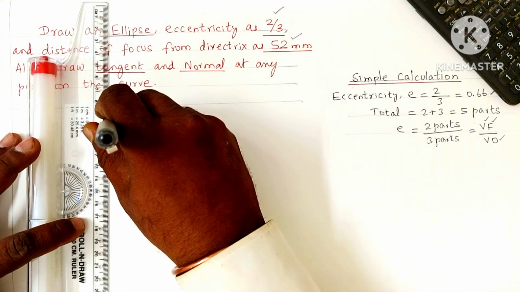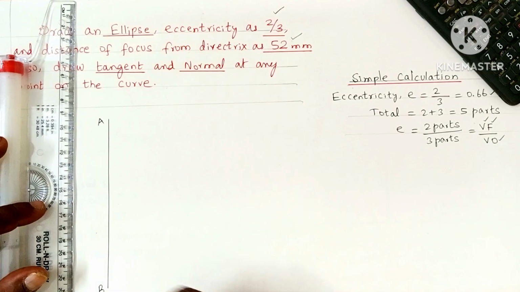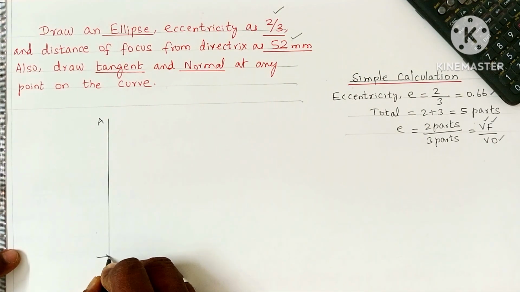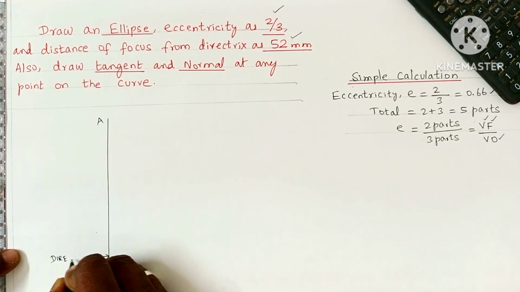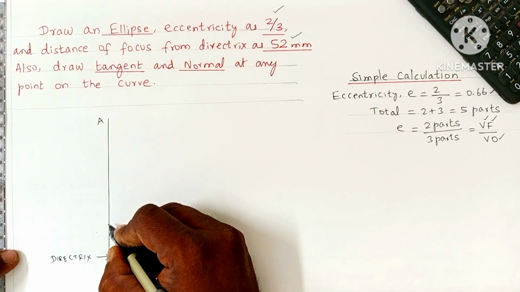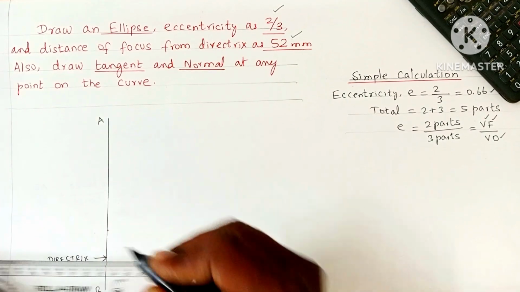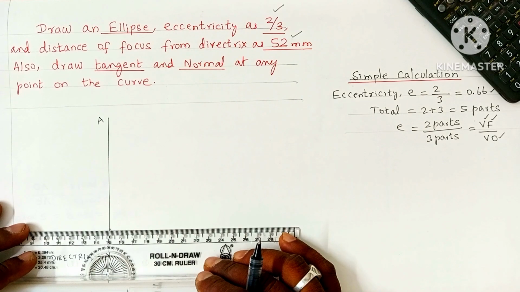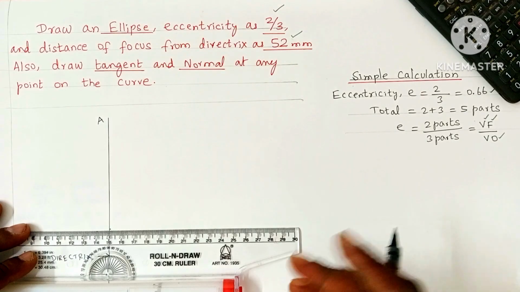First you draw one vertical line marked as A and B of any suitable length, called the directrix. This is a fixed vertical line called the directrix. Mark any point on this vertical line. Then draw one horizontal line called the axis of ellipse.